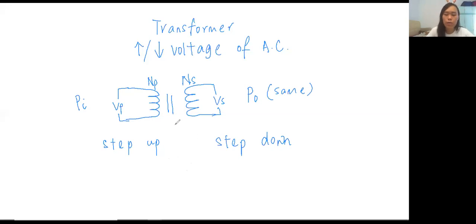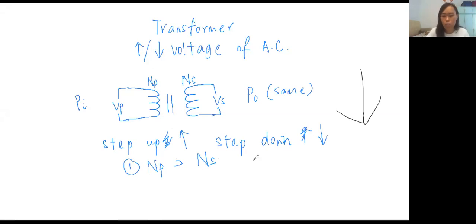Anyone, can you tell me, if this one is step down and this one is step up: for NP is greater than NS, is it a step down transformer or a step up transformer? Sorry, this one is up, this one is down. If your NP is greater than NS, correct, it will be a step down transformer.